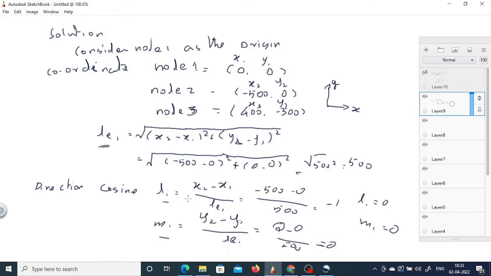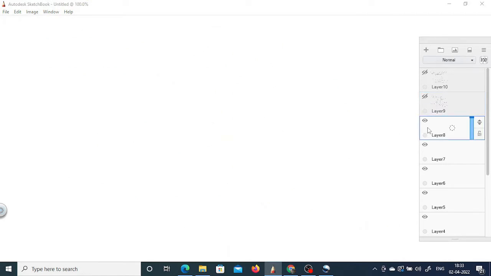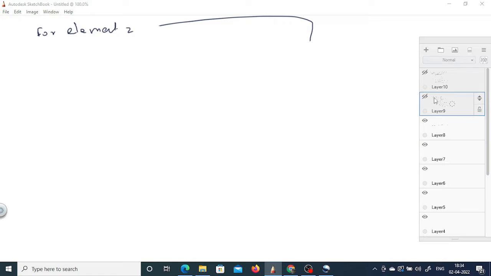Next we can move to identify element 2. Okay, element 2 length. What are all the values for element 2 we are having? Let's see.